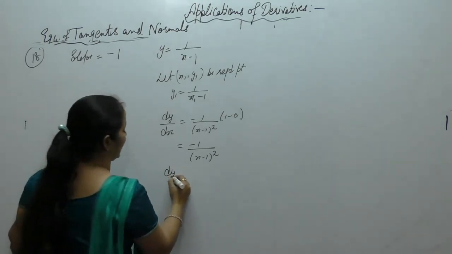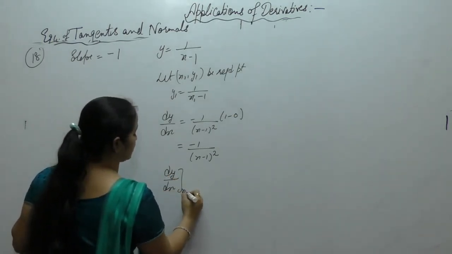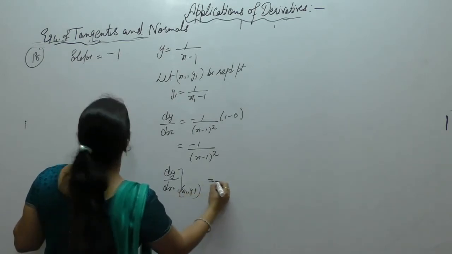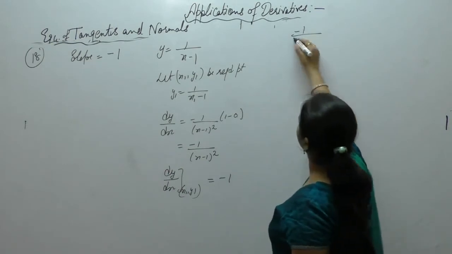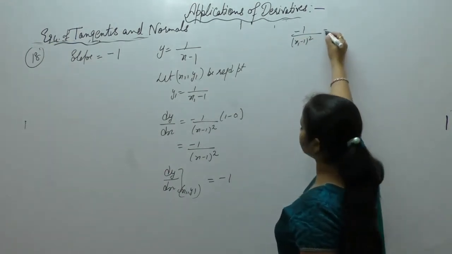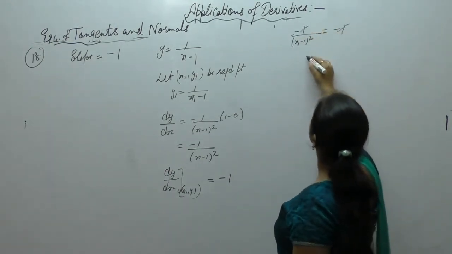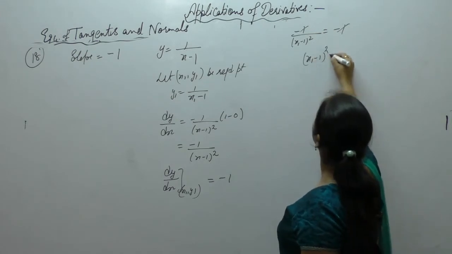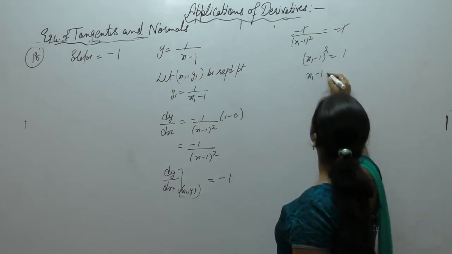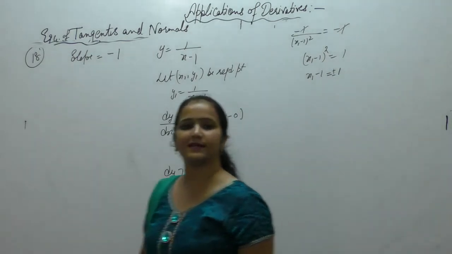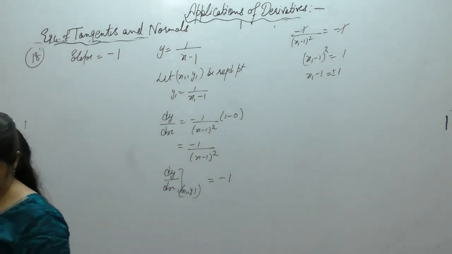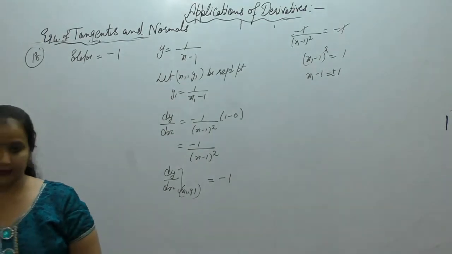Now it is given that slope of all lines is equals to minus 1. So what we get? Minus 1 upon x1 minus 1 square is minus 1. So x1 minus 1 whole square is 1. That is equals to plus minus 1. जब इधर से square हटाएंगे, clear?